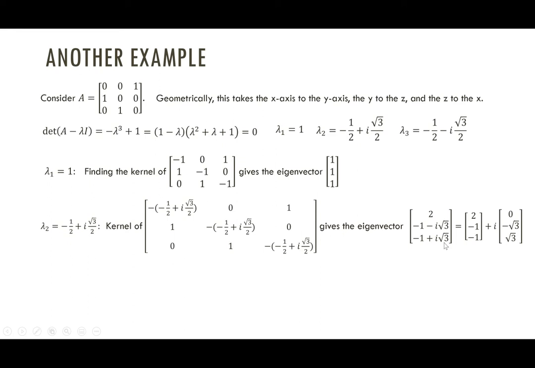And then we're going to write this in the V plus iW form like this. And then because of what we showed already, we don't have to calculate the third eigenvector because we know that the third eigenvector is just going to be the complex conjugate of this one.